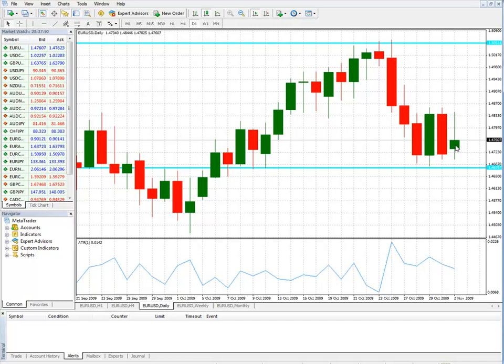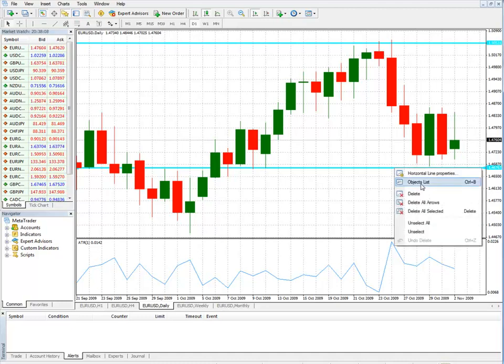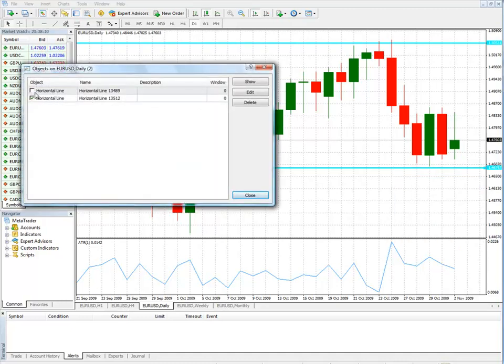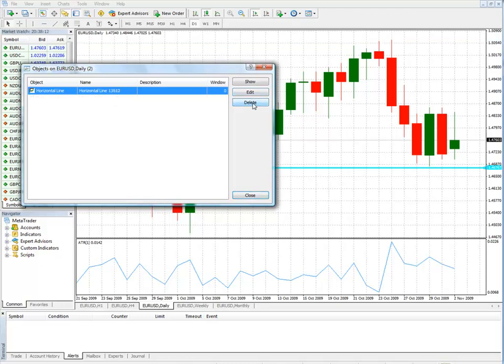Then you choose how many days, or if it's a weekly chart, how many weeks you want to use for a breakout. Now in this case, that was a 10-day. Let's take the objects list real quick. Got to remove both of those.